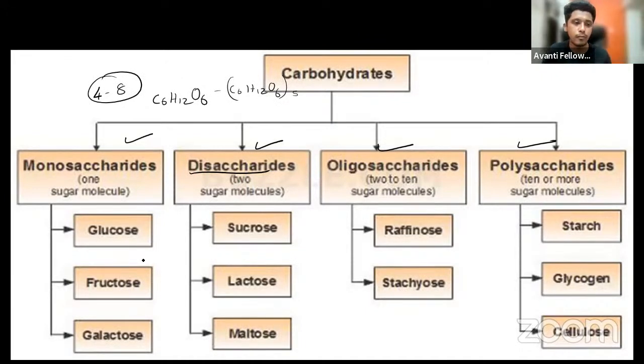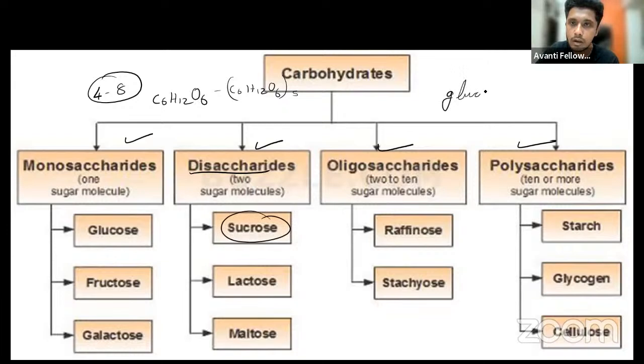Examples of monosaccharides are glucose, fructose, and galactose. When it comes to disaccharides, it involves 2 or more sugars. Basically it involves 2 sugars with 2 to 8 repetitions. For example, sucrose, lactose, and maltose. Sucrose contains glucose and fructose.